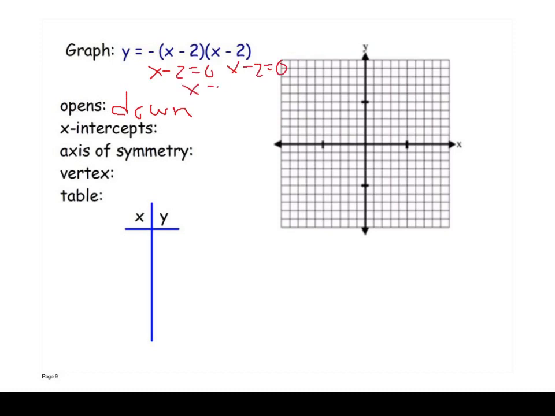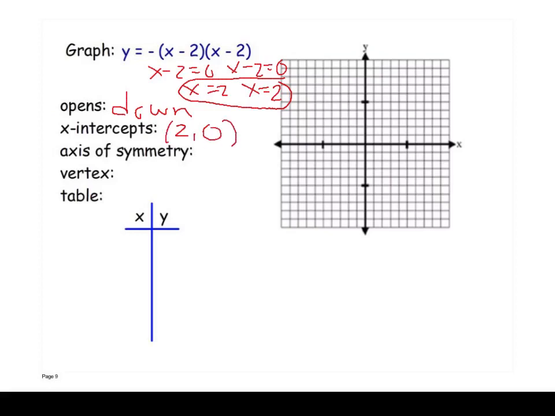So x is equal to 2, and x is equal to 2. Since we have what's called a double root, we don't want to plot that same point on our graph twice. So when we write it down, we just write down the 1 point at (2, 0).